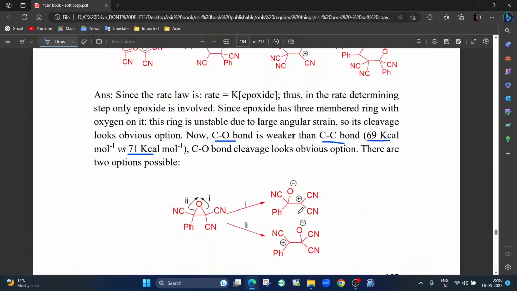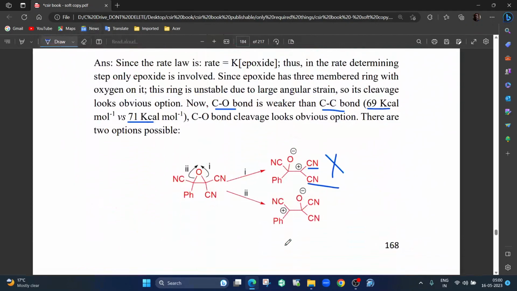Now when this opens, what do you see? You get positive charge here, negative charge here. Whereas from 2, when it opens, you get positive charge here, negative charge here. Now you understand, CN is an electron withdrawing group by both minus R and minus I effect. It gives positive charge, highly unstable. O minus anyway does not make much difference. But here, you are having positive charge and you are having a benzene ring.